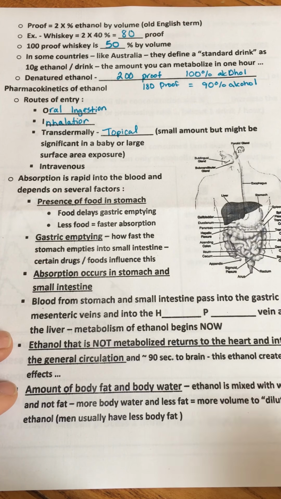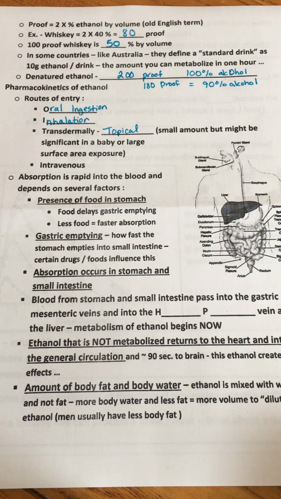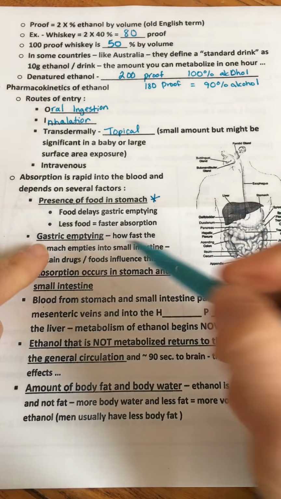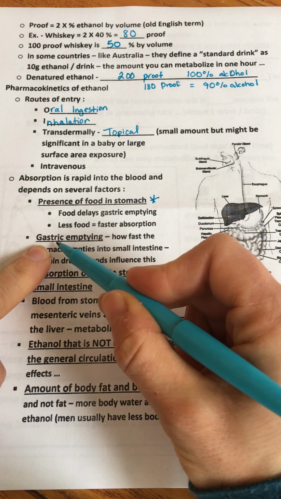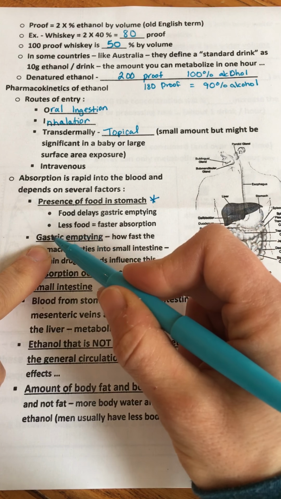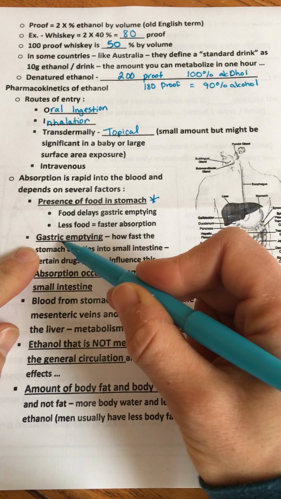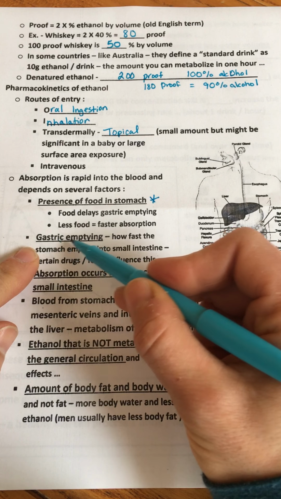All right, so absorption is rapid into the blood. It depends on several factors. So this is one that's pretty important. Presence of food in the stomach. This is actually called gastric emptying. It's how quickly we empty our stomach. So when you eat food, it sits in your stomach, and if you eat a large meal, it takes a long time to empty your stomach.